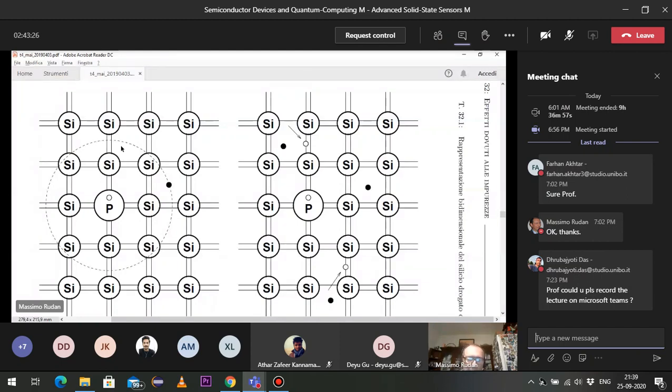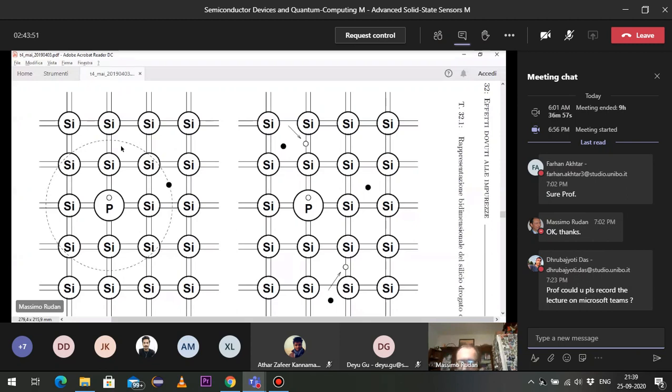The types of materials that are used for silicon are materials that belong either to the 5th column of the periodic table of elements or to the 3rd column of the periodic table of elements, okay? So we shall see both examples.